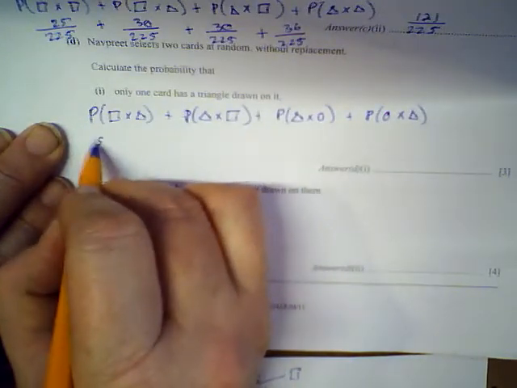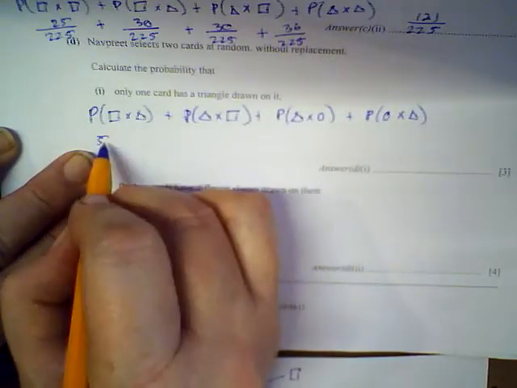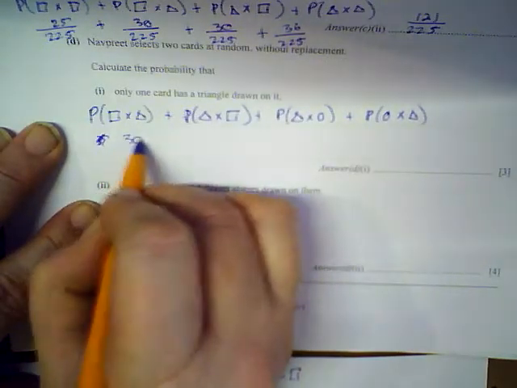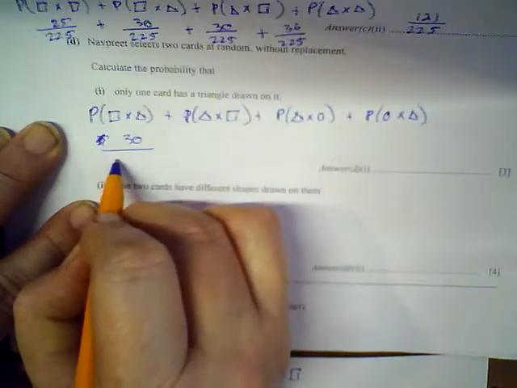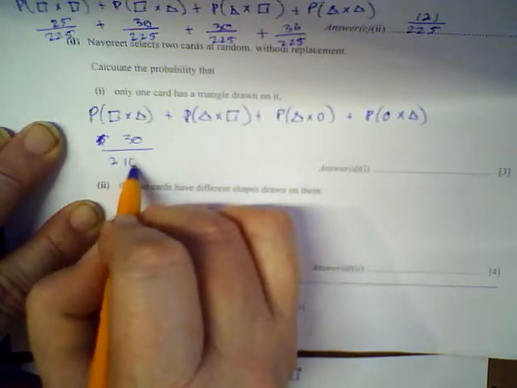So 5 times 6 will give me, let me write it down, 30 over, and 15 times 14 is 210.